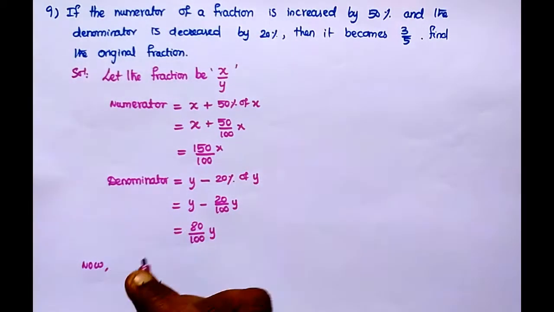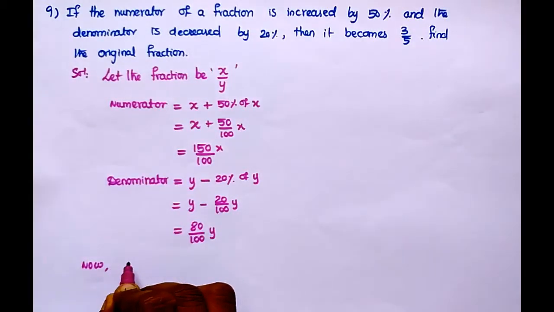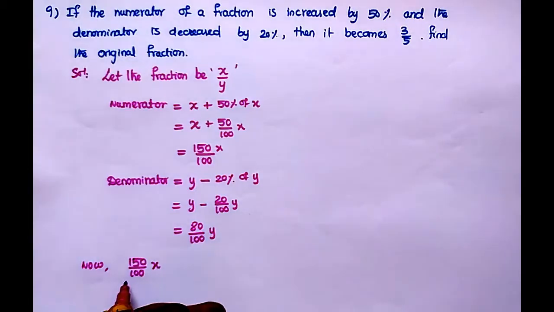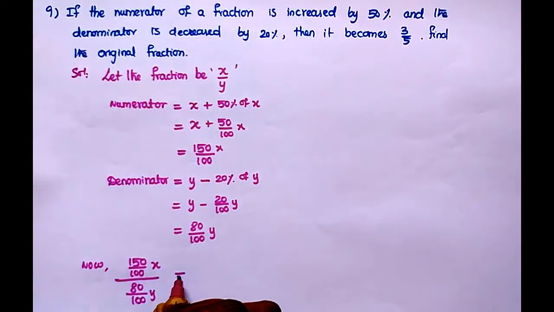The fraction becomes, what's the fraction now? (150/100)x divided by (80/100)y equals 3/5. That is given.